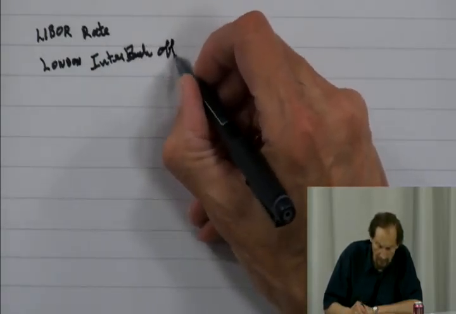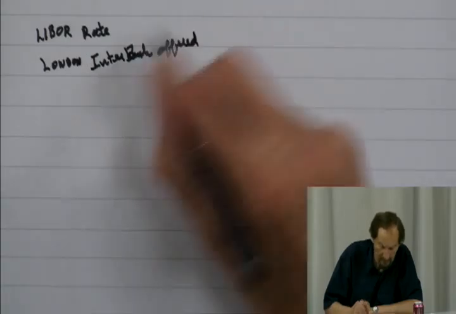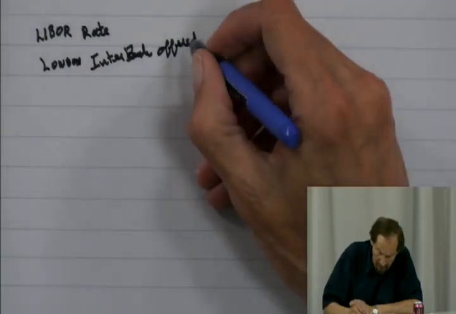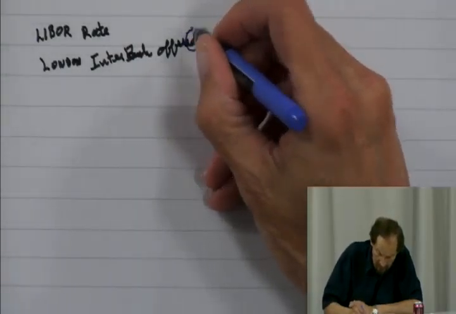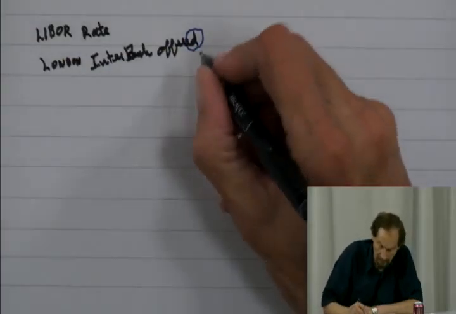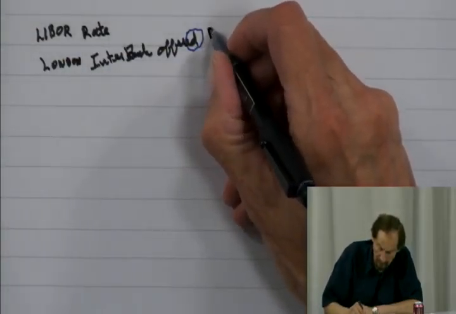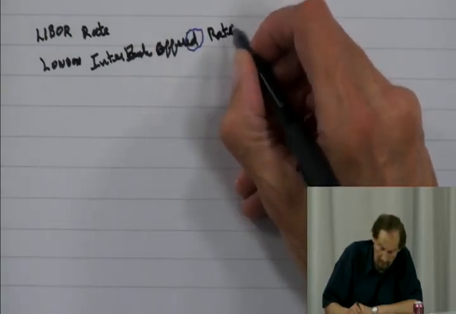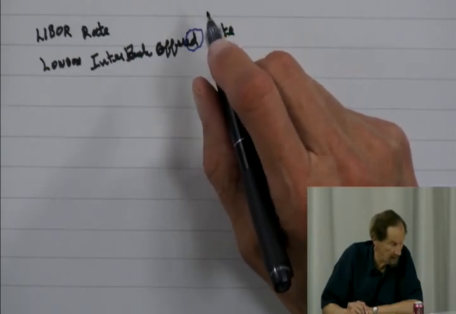Here's where the typo is. I think in the handout we say "offer." It's "offered." Let's put an O here. Okay, now what is that?